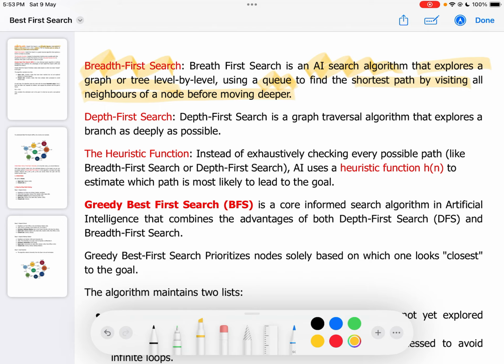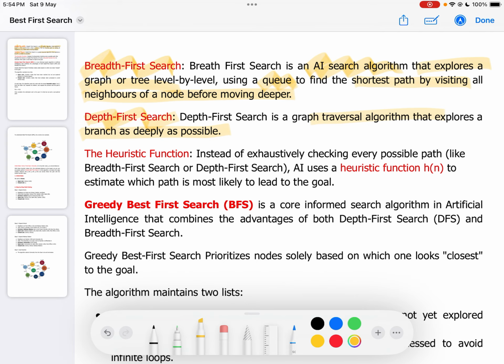That is, first it moves on the breadth side, the horizontal side. That is breadth first. Second is depth first. It traverses the graph by going as deeply as possible. That is, vertically it will move.